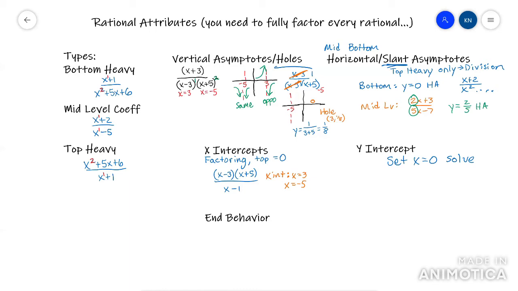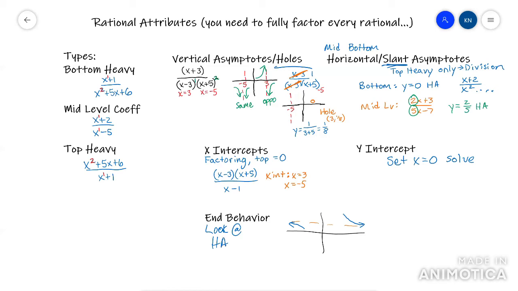Now, in behavior, these asymptotes generally, let's say I had a horizontal asymptote here, they generally level off on the horizontal asymptote. So the in behavior, look at the horizontal asymptote. That's where it should be leveling off most of the time.